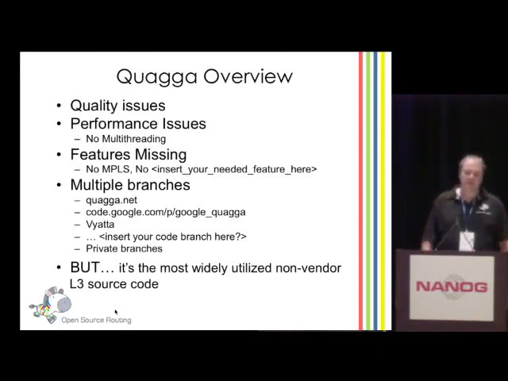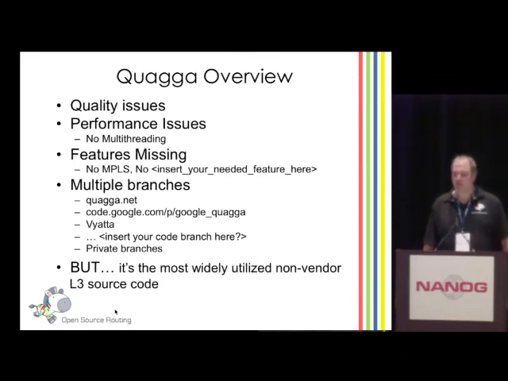At the same time, if you look at the branches, it's also very diverse today. You have different branches. There's the Quagga.net, the official branch. There is a Google branch, where they did a rewrite of ISIS and also BGP multipath, which you can find online. Vayata is a commercial vendor who built their own branch because they couldn't get it working well enough with the open source, the community one.